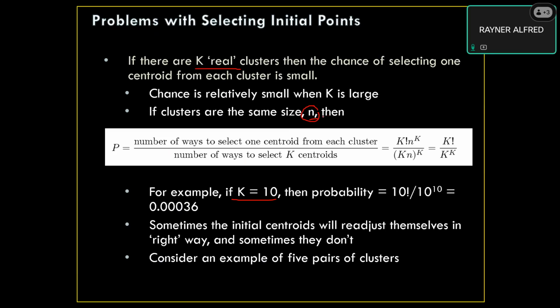So n times K will be the number of data that you have. They said for us to get the best one, if K equals 10, is around 0.00036. So it is very hard for us to get the best one.